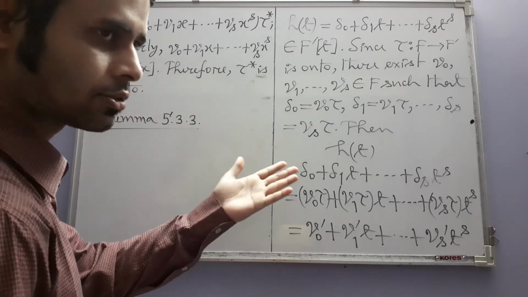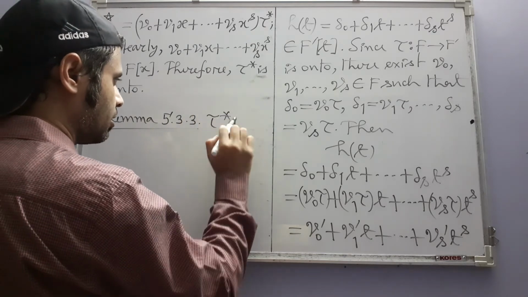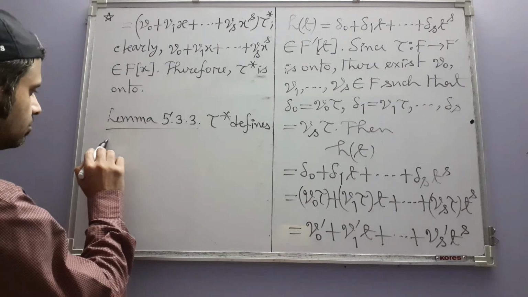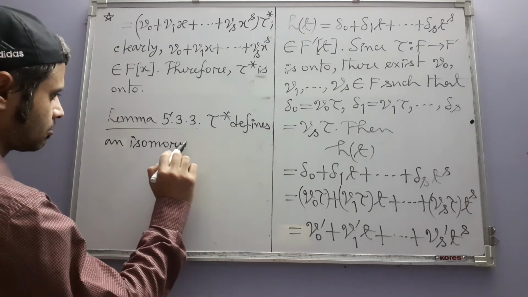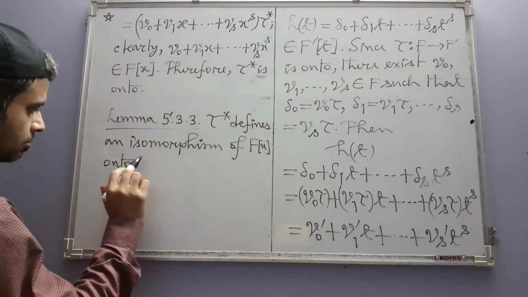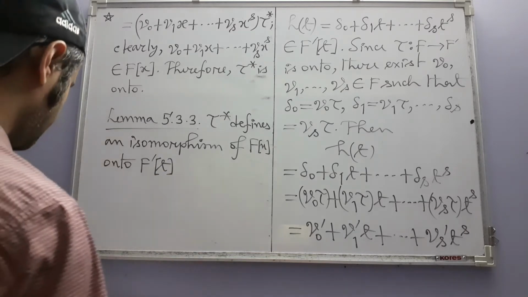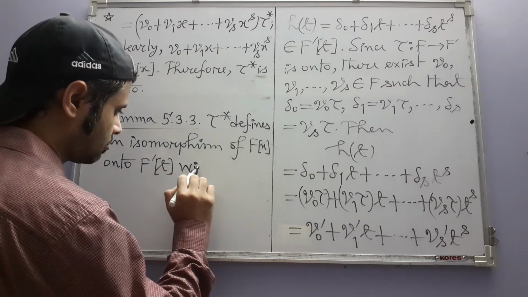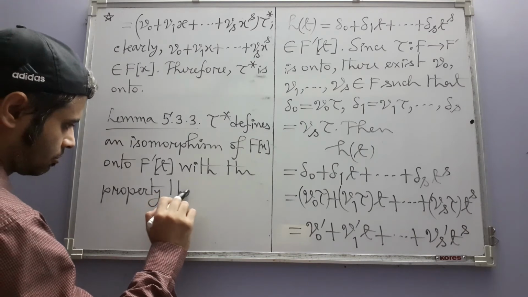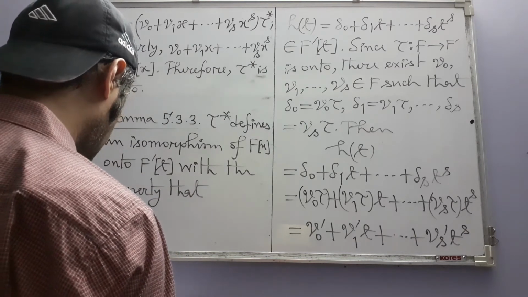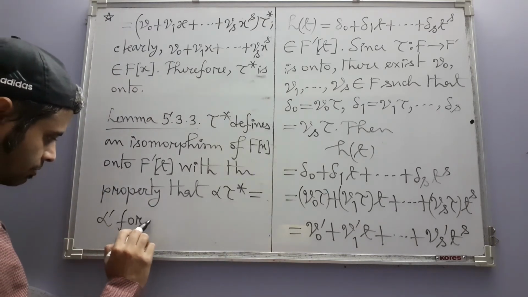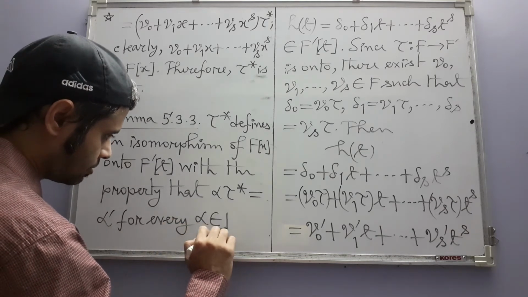Referring to what tau star actually is, we directly write: tau star defines an isomorphism of F[x] onto F'[t], with the property that alpha tau star is equal to alpha prime for every alpha belonging to F.